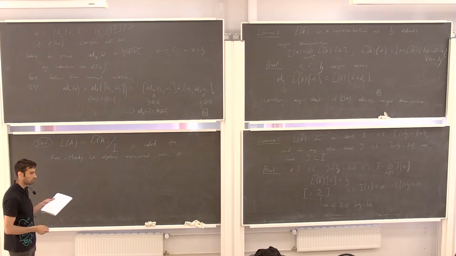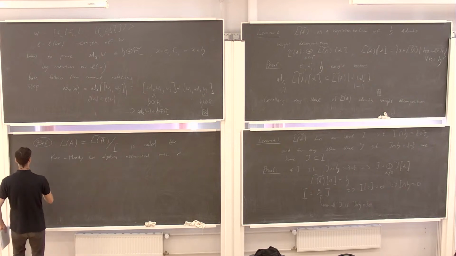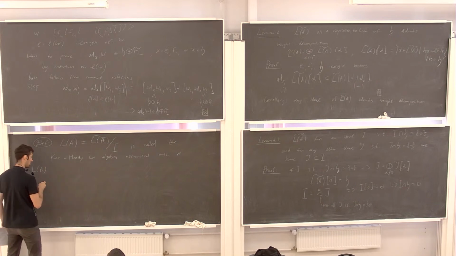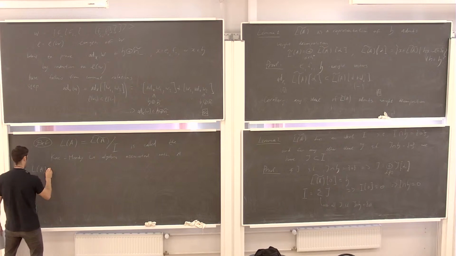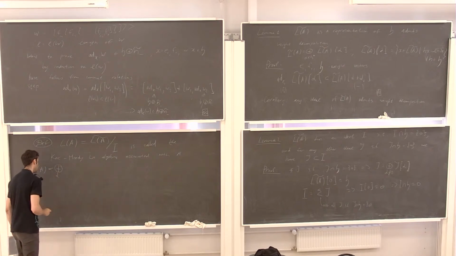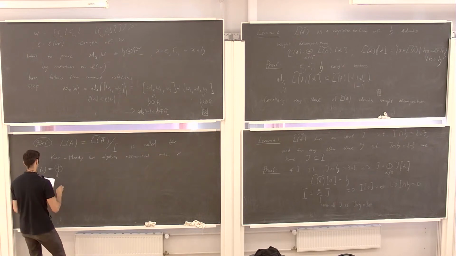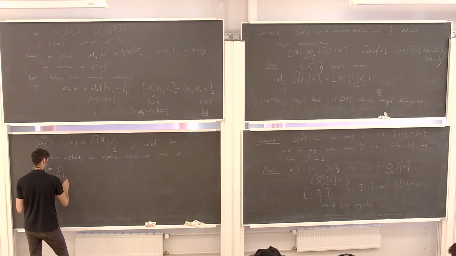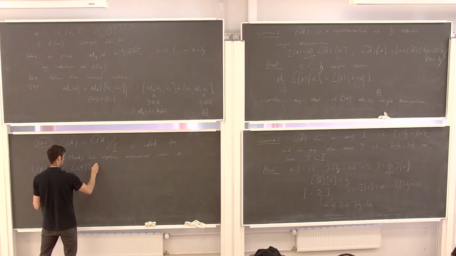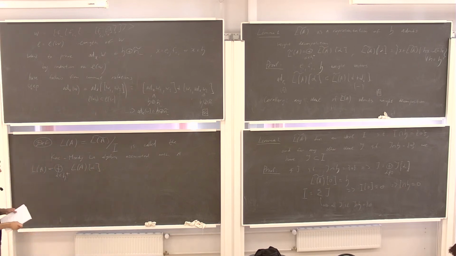And we already have a bunch of good statements. In particular, L of A admits a weight decomposition. So L of A is the direct sum over alpha in H star of L of A alpha, just because L tilde of A has a weight decomposition.